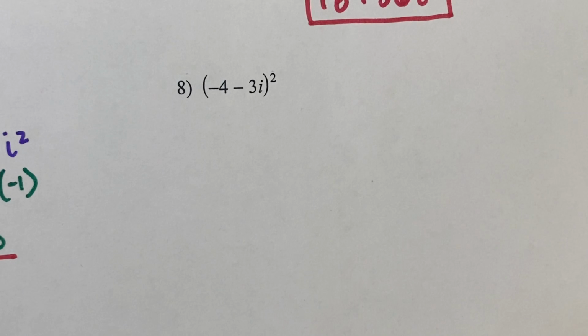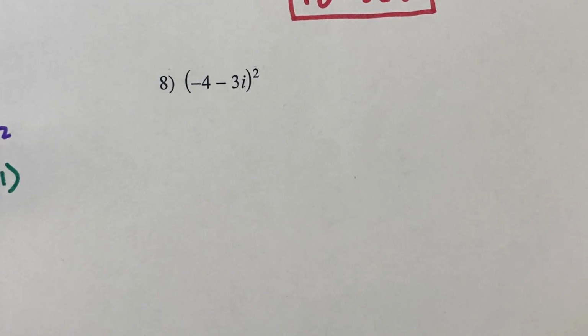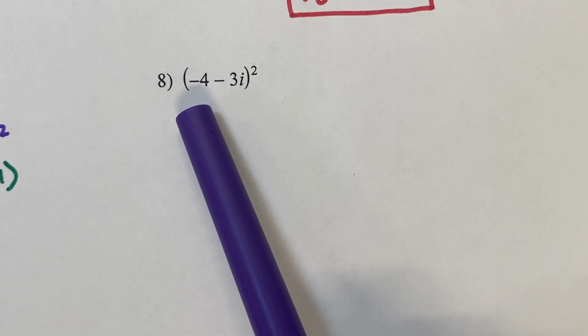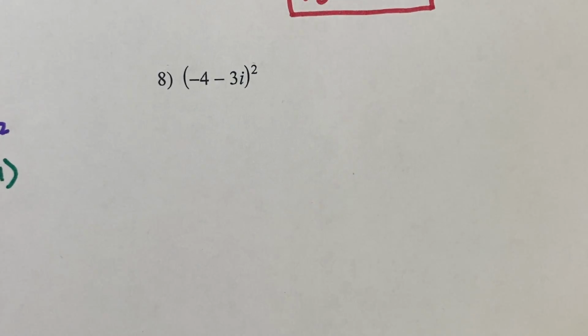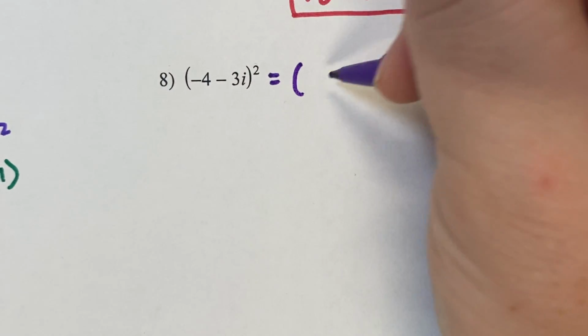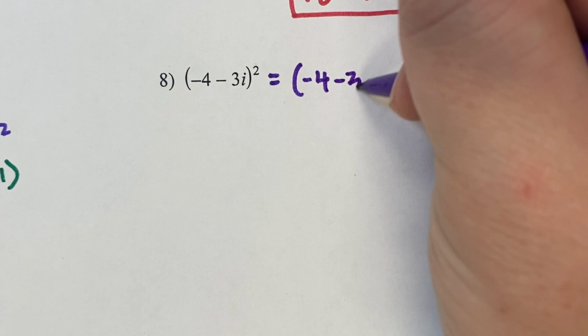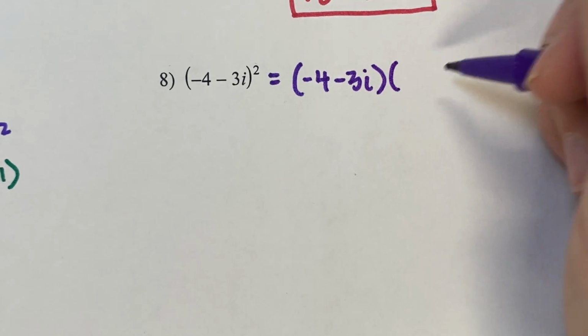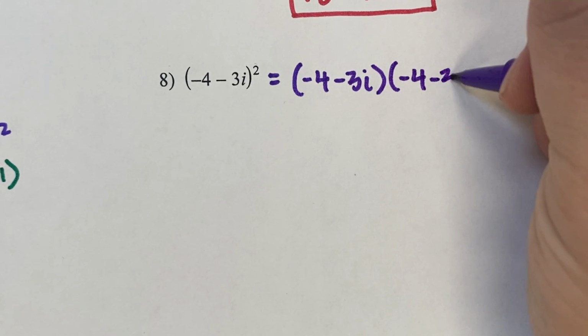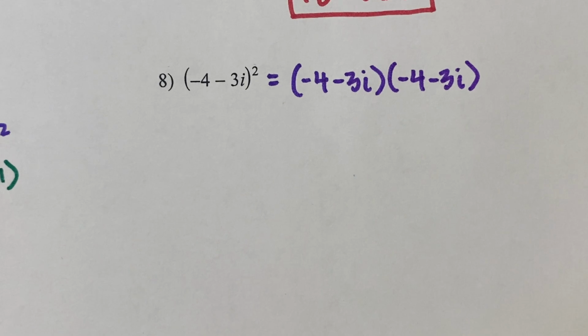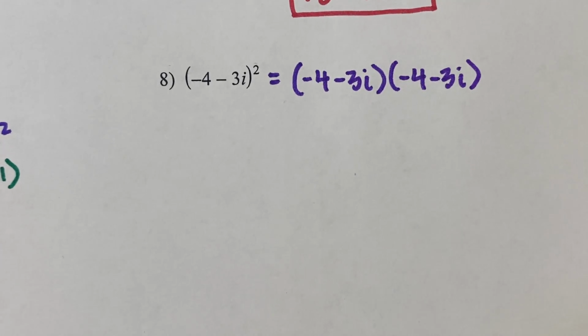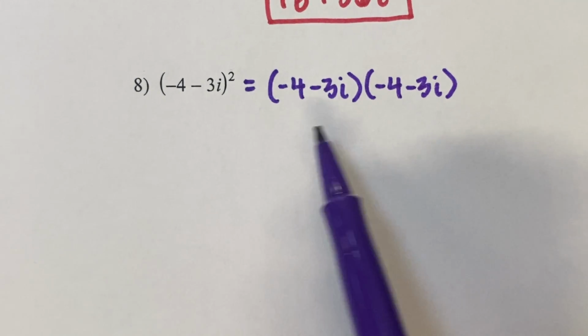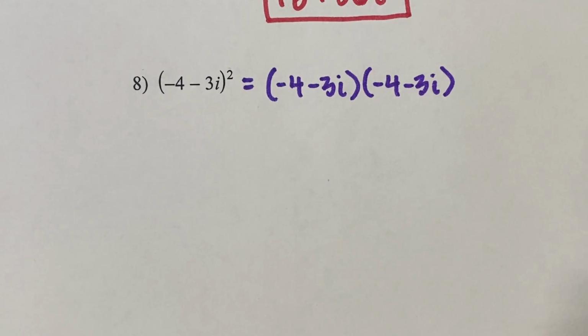Okay, number 8. This guy is written a little differently. Okay, this is saying negative 4 minus 3i squared, which actually means, looks like this, negative 4 minus 3i times itself, negative 4 minus 3i. Okay, so now that I've split it into two binomials, I can just multiply like I've been doing.